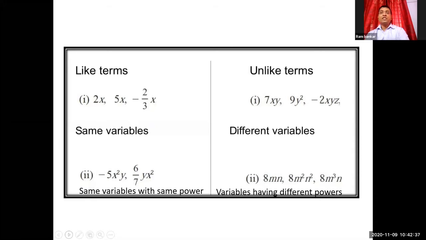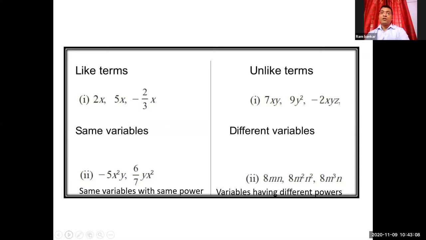And the second rule is given at the bottom of like terms. Look at the second: minus 5x square y, and the second term is 6 upon 7 y x square. In these 2 terms, you will notice x square y and x square y, the variables are the same, as well as the powers are also the same.